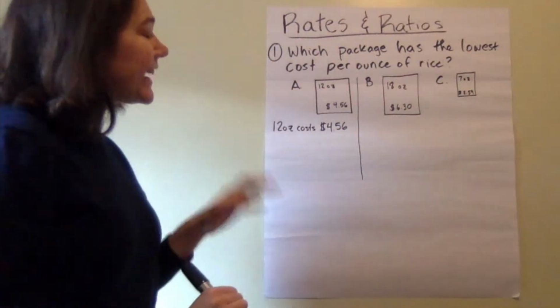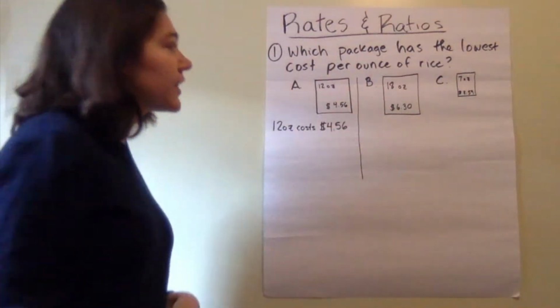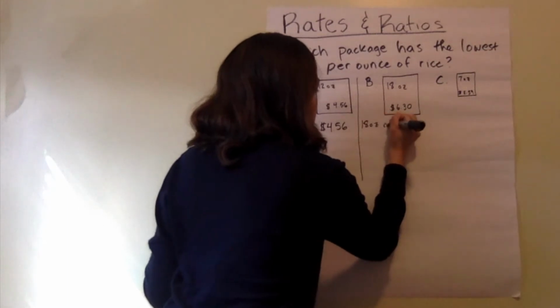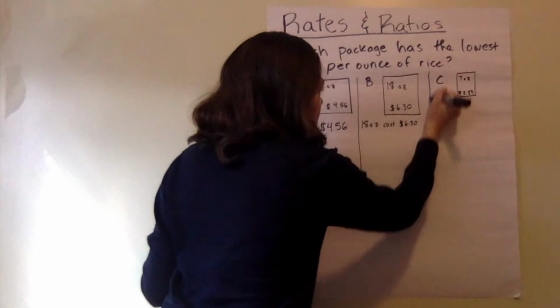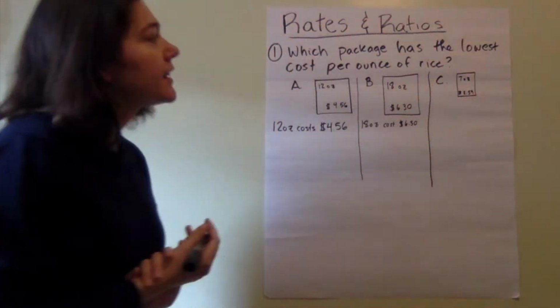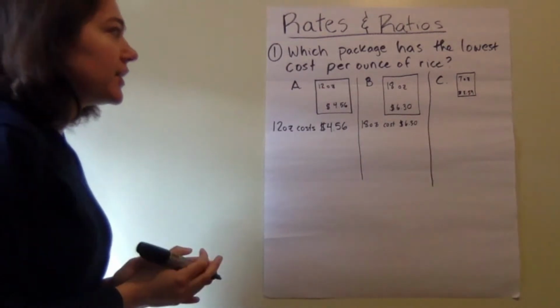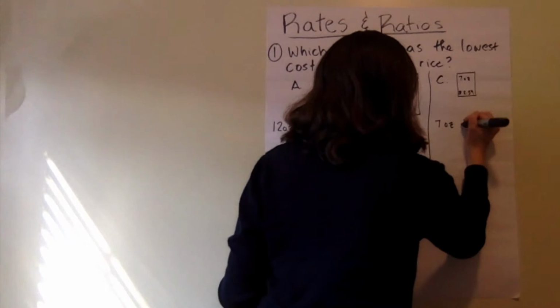Our second one is 18 ounces, so we get more rice, but it costs more money for $6.30. And then lastly, we have a small bag of rice, 7 ounces of rice for $2.59.